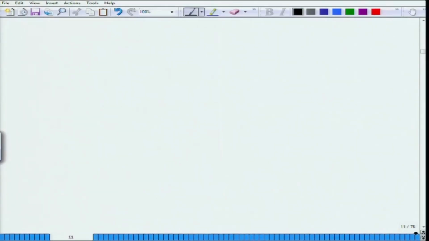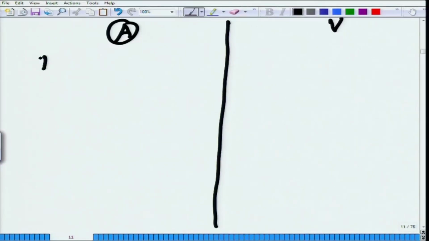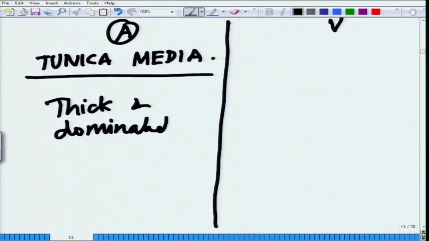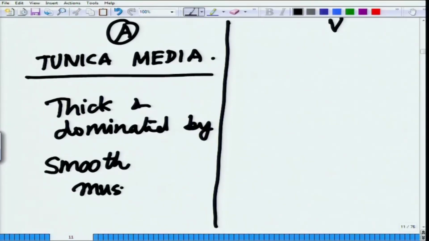In terms of tunica media, arteries and veins, here you have the tunica media, thick and dominated by smooth muscle. This is the third type of muscle. I was telling you that I am going to discuss it while I will be talking about the muscle.